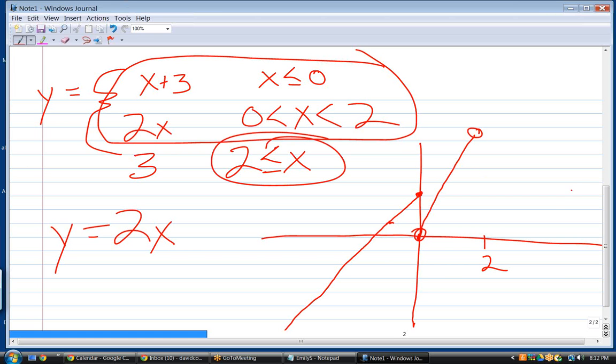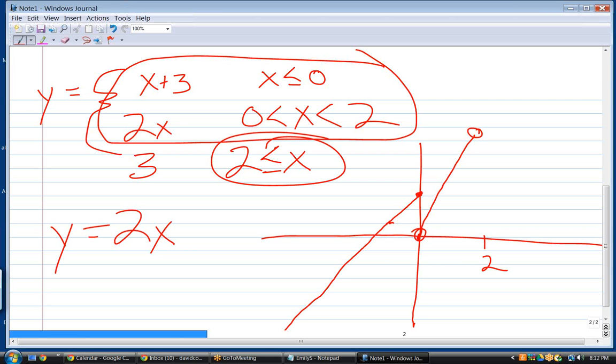So we're only going to address the rest of it in that direction. Well, what's the function equal to whenever x is greater than or equal to 2? 3. And how would I graph that?